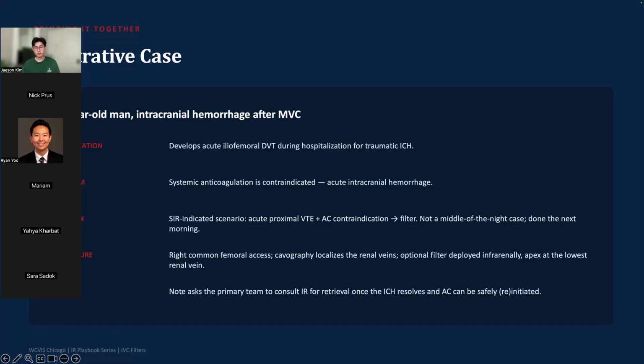As for the part that interventional radiologists tend to forget, that's making sure that a note specifically asks the team to call for removal once the brain bleed heals and the patient can safely go on blood thinners. Because the only reason he really needs this IVC filter is for a temporary situation, and once that situation resolves, the filter should come out.